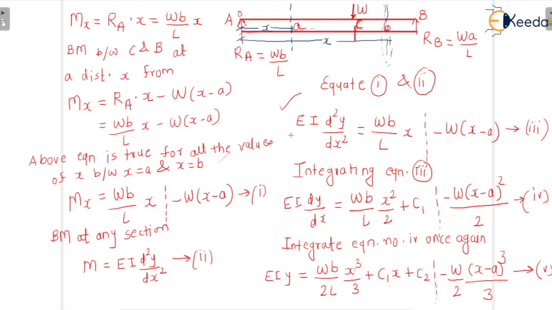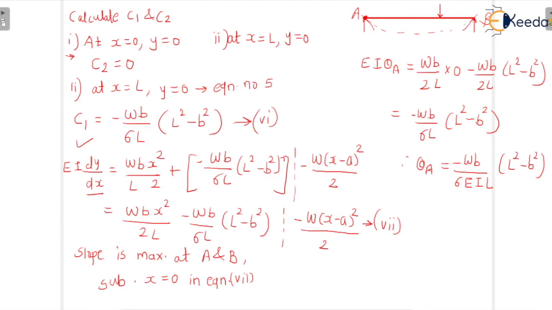When we equate this, we integrate it once, and we again keep it in two parts. What you have to remember is that the constants of integration are written in the first half, before the dashed part. Then in the next part, we used the boundary conditions and calculated the C1 and C2 values.